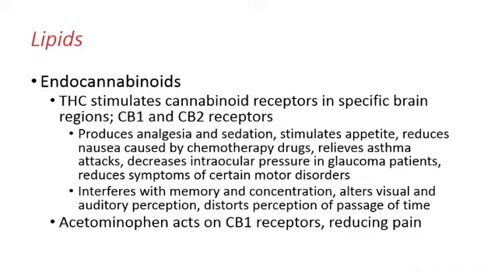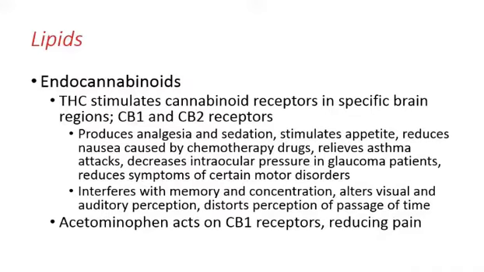And generally when they're stimulated, they produce analgesia and sedation. Stimulation of CB1 and CB2 receptors also stimulates the appetite, and it reduces the nausea that is sometimes induced by chemotherapy drugs, decreases intraocular pressure in glaucoma patients, and reduces symptoms of certain motor disorders.